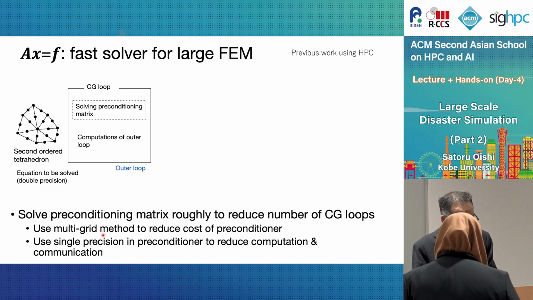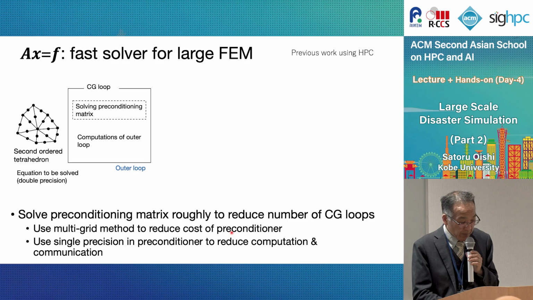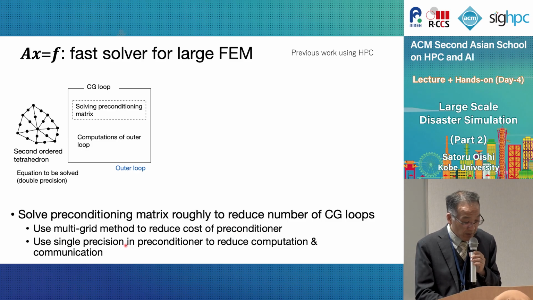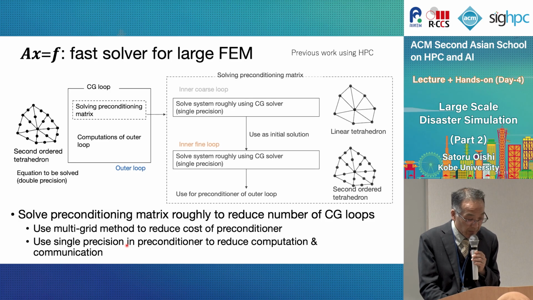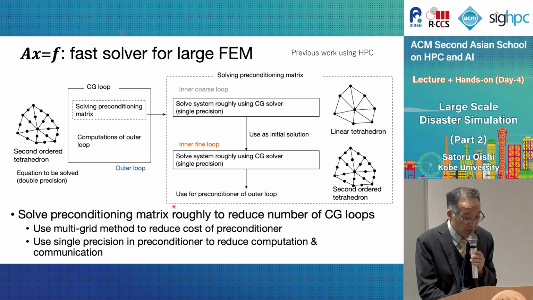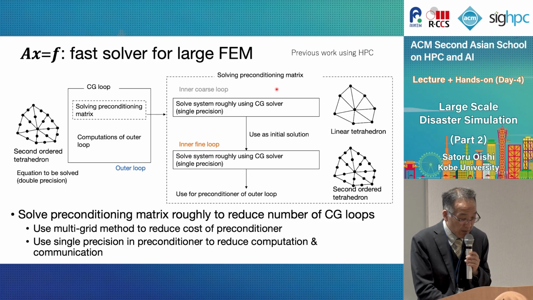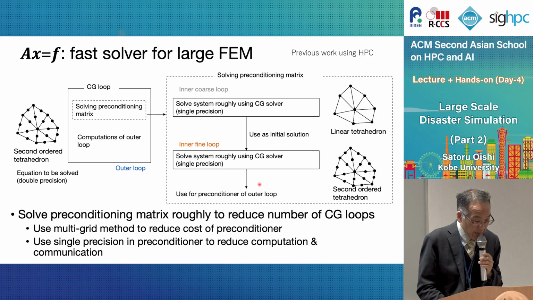They use the multi-grid method to reduce the cost of the preconditioner, and use single precision in the preconditioner to reduce computation and communication. Then they solve the fine loop.